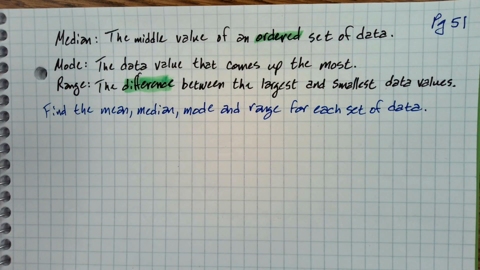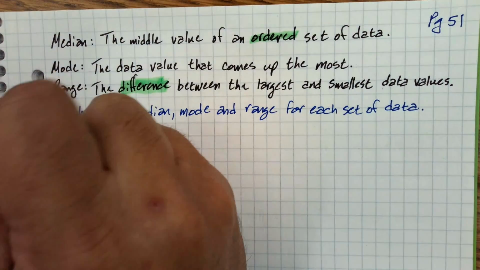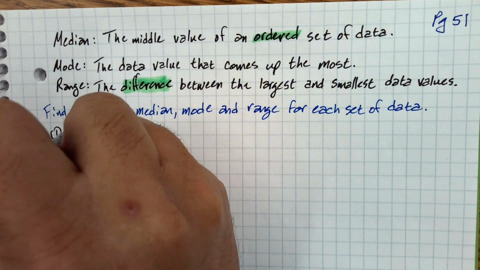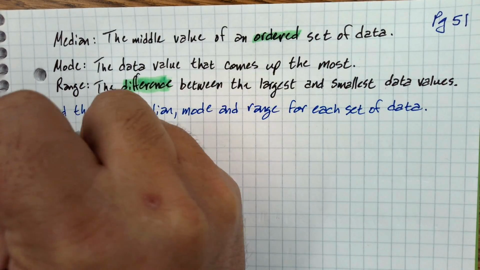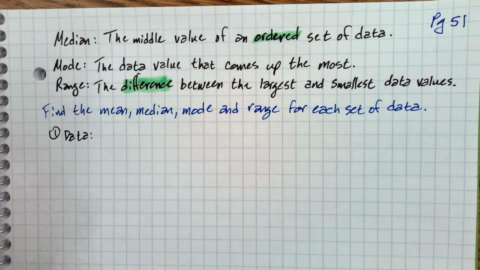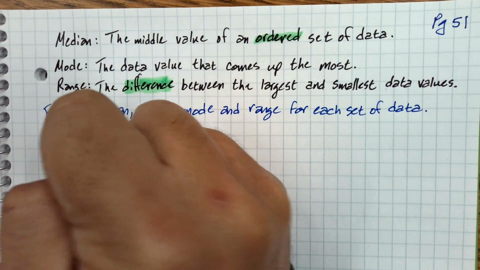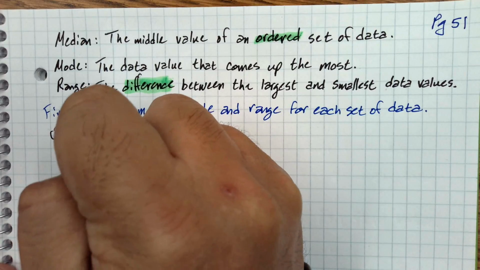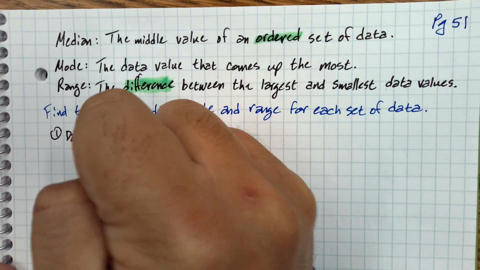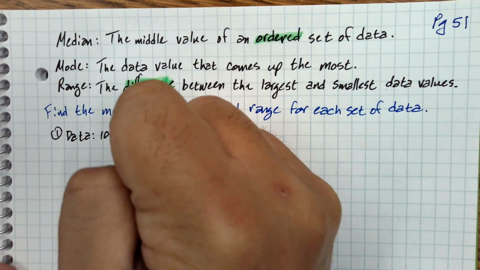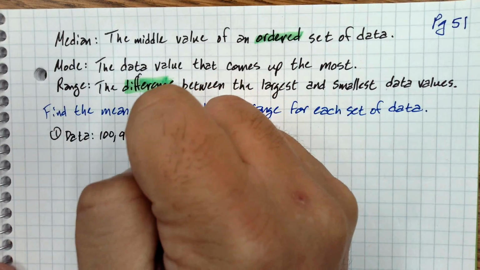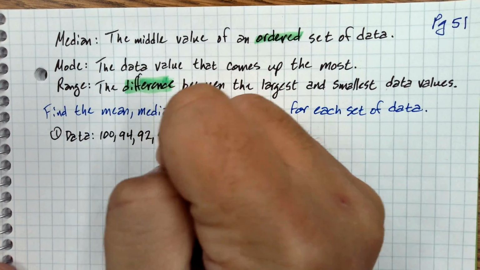All right. So let's get some data. Here are some numbers for you to consider. So the numbers are 100, 94, 92, 91, and 94.